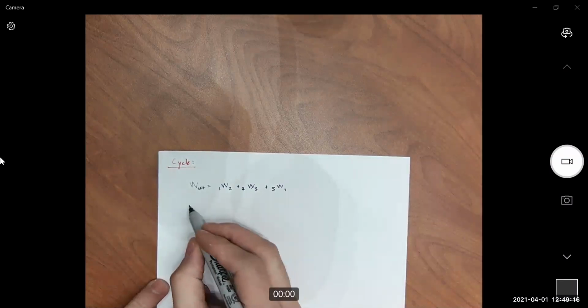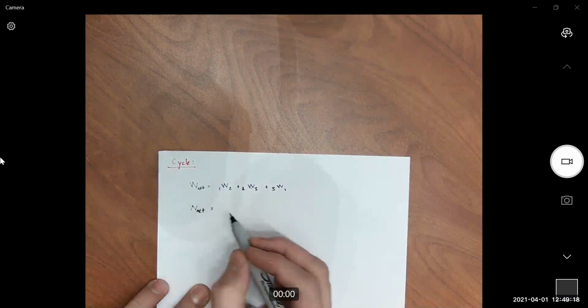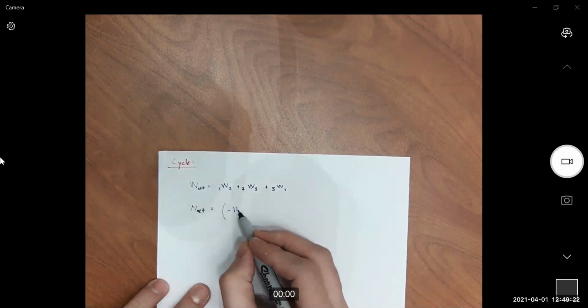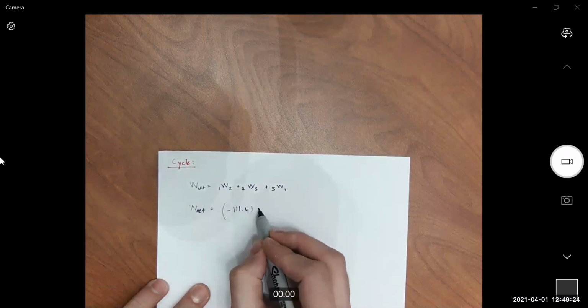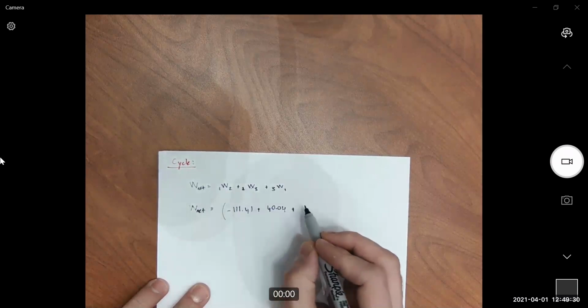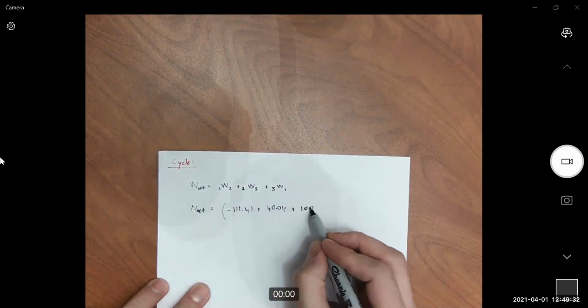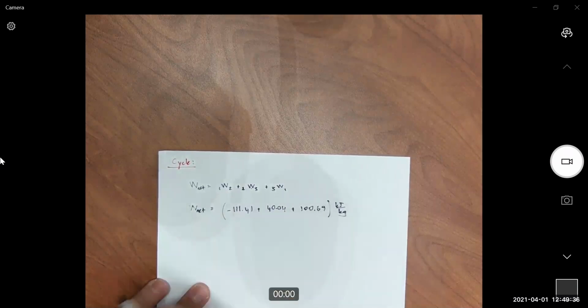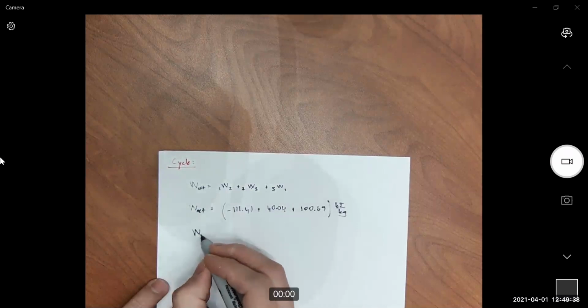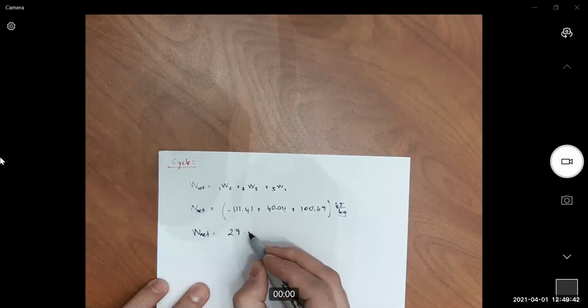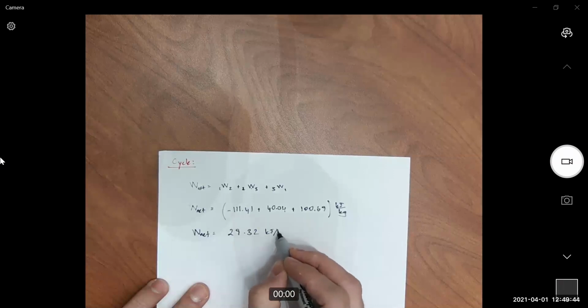Work from 1 to 2 was minus 11.41, from 2 to 3 was 40.24, plus 3 to 1, 100.69 joules per kilogram. Net work, as I expected, is positive 29.32 joules per kilogram.